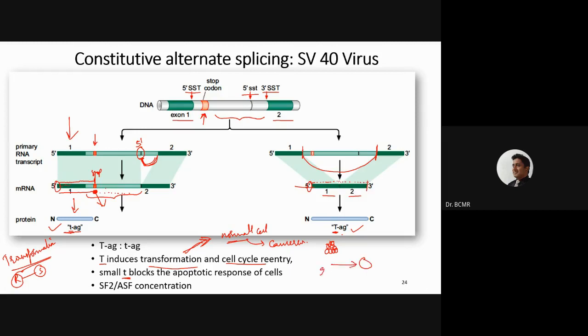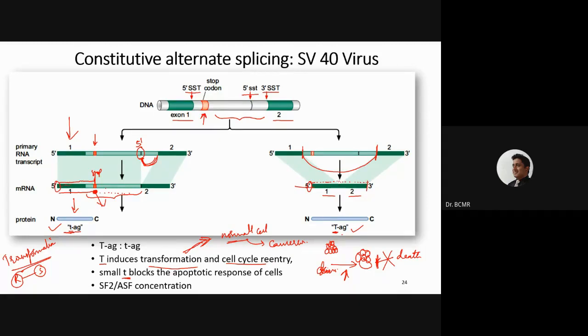One is to grow and divide, and another one is to die. Capital T increases the ability to divide, and small t reduces the ability to die. That means the cells will continuously divide and never die. So those two together are going to cause cancer basically.